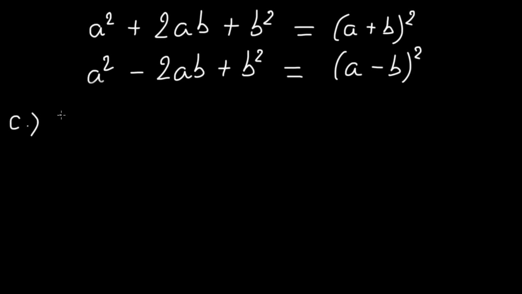C, 4x squared plus 20x plus 25. We need to factor this out. We see the problem here is very similar to the equation a squared plus 2ab plus b squared equals a plus b, all of them squared.